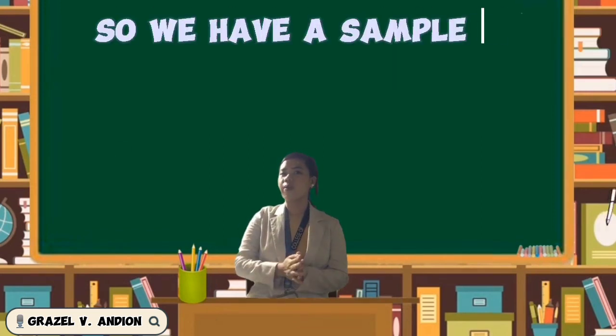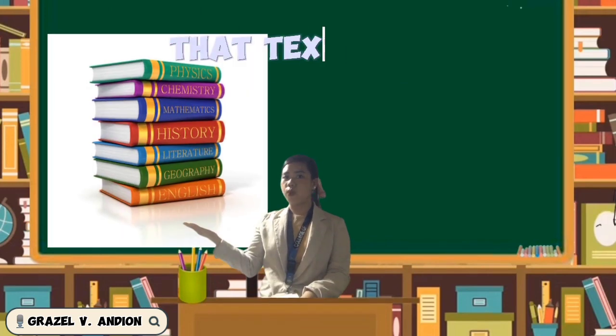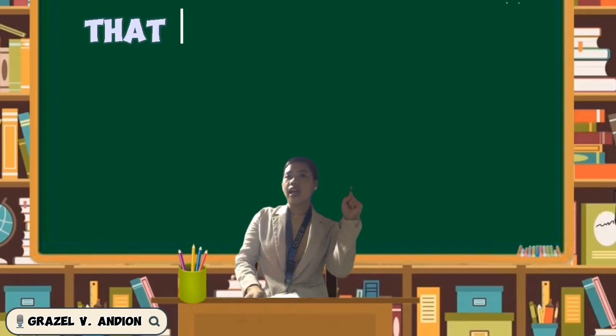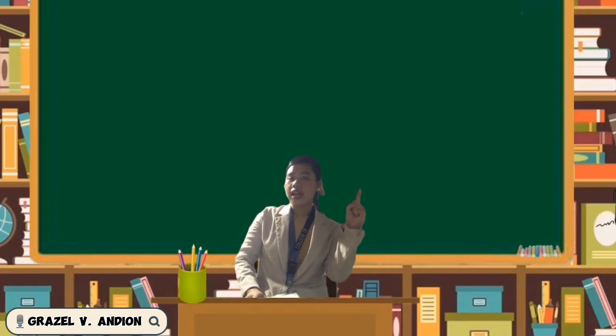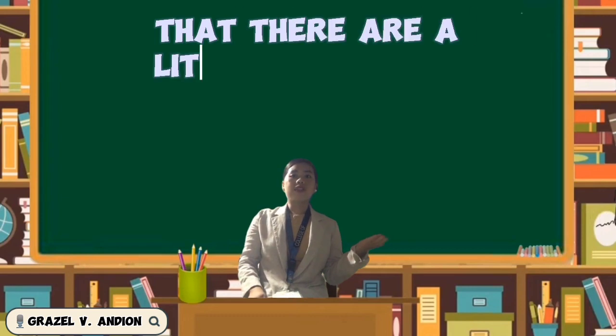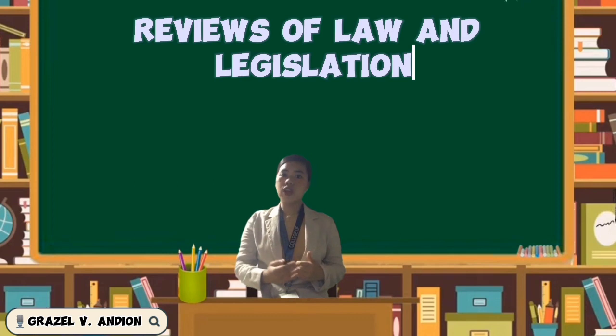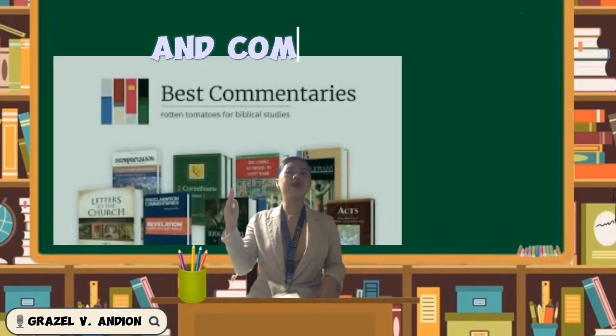So we have examples of secondary sources: the textbooks, edited works, books and articles that interpret or review research work, biographies, literary criticism and interpretation, reviews of law and legislation, political analysis, and commentaries.